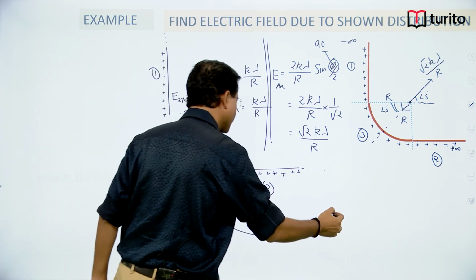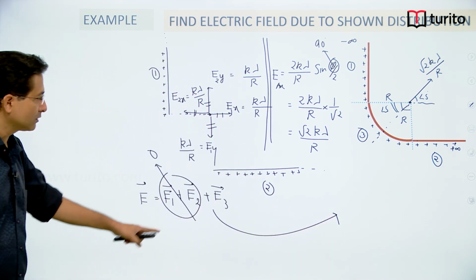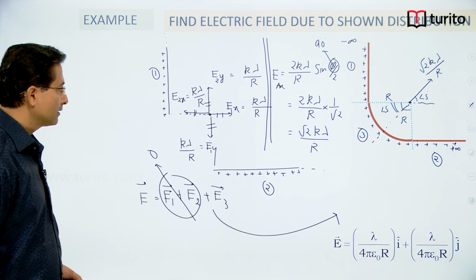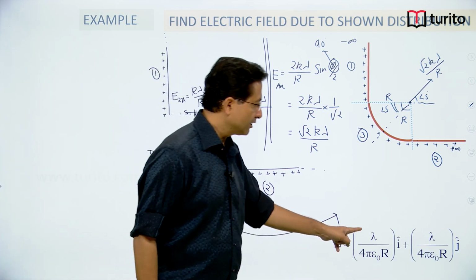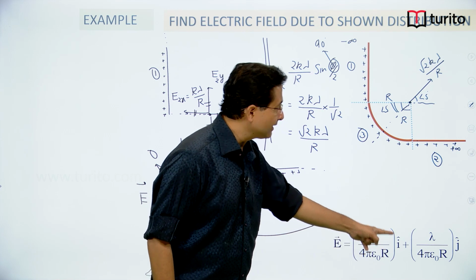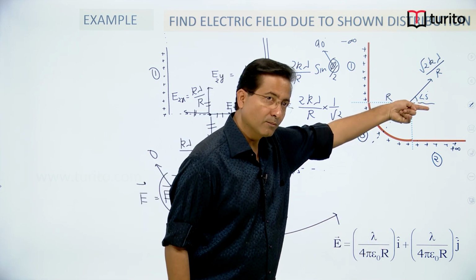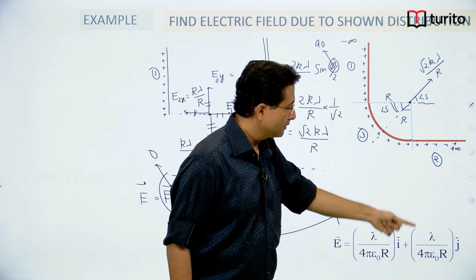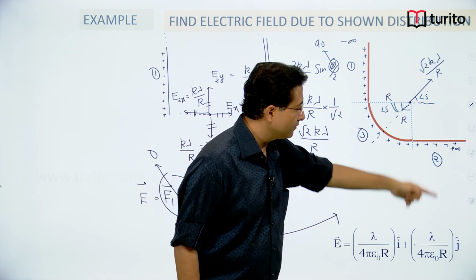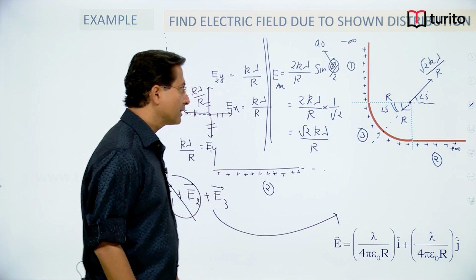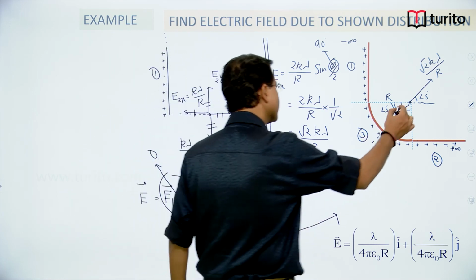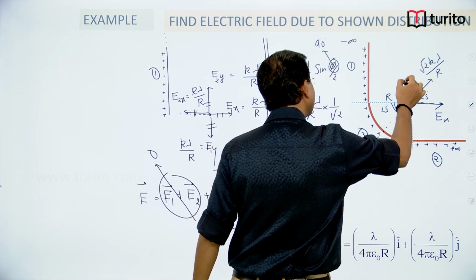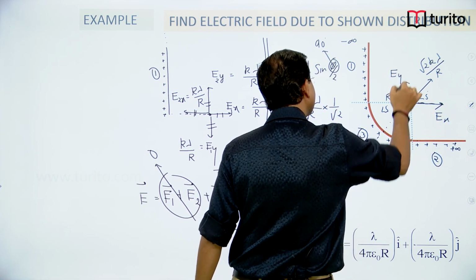So, here if I substitute the value of E3, then I will get k lambda by r I cap, this component in this direction. Root 2 into cos 45, then sin 45, root 2 will go, you will get one component in this direction and another component in this direction.